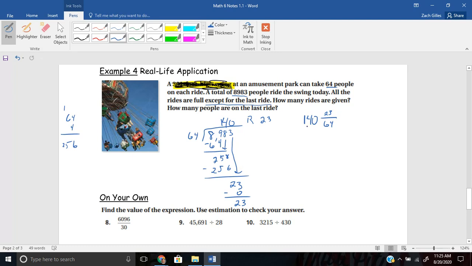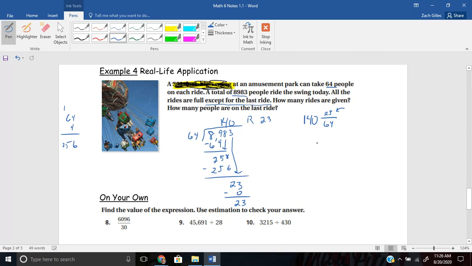Okay. So how many total rides are given then? Well, this represents 140 rides given that were full. There actually was one more ride, though, given, because only 23 people were on that ride and 64 could fit on it.